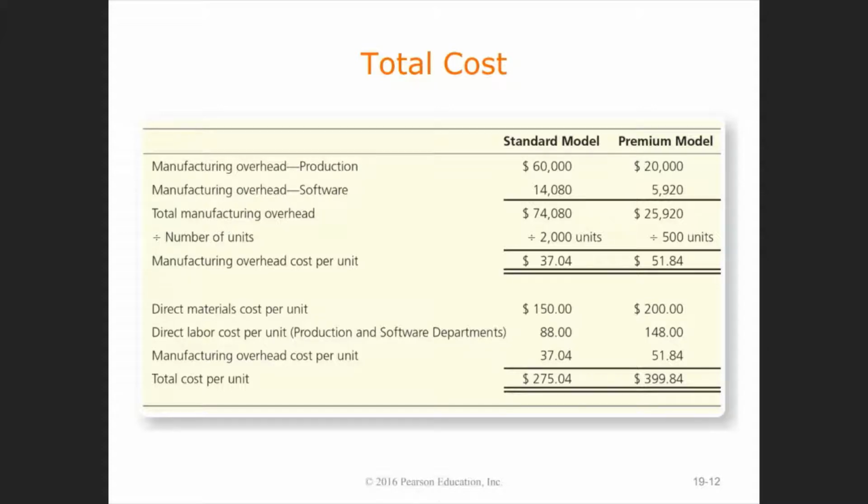And then we're going to divide that by the 500 units, which is going to give us $51.84 under the premium model. And then you can look at the next section as well for the total cost per unit. It shows us the different breakdowns for that as well.